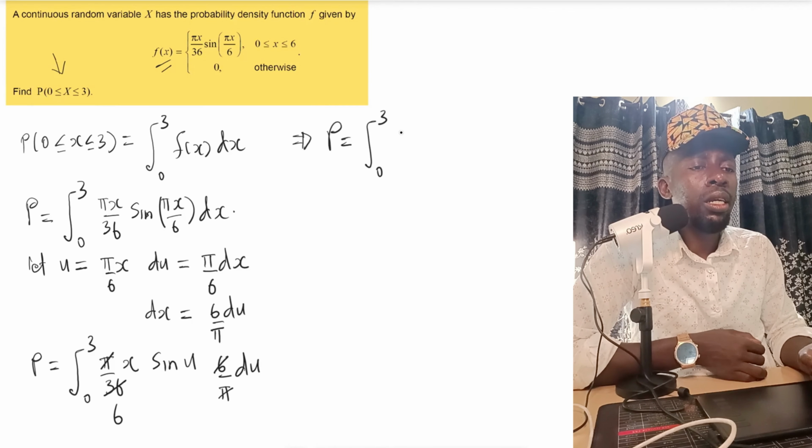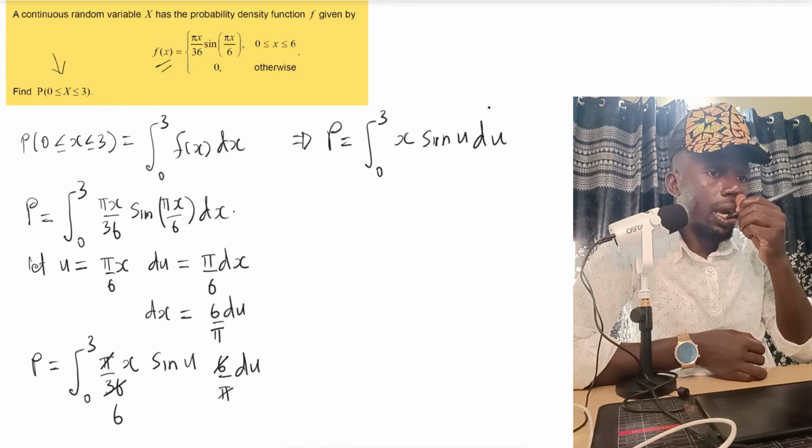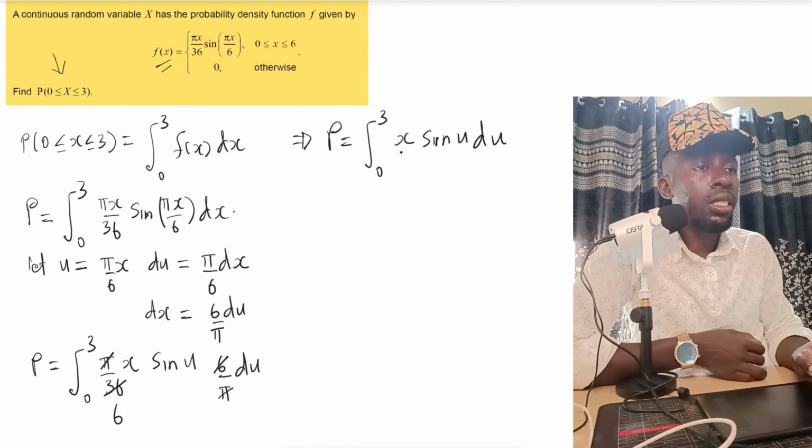Then we are having x, then sine of u, then du. But everything here, there is 6, x over 6.